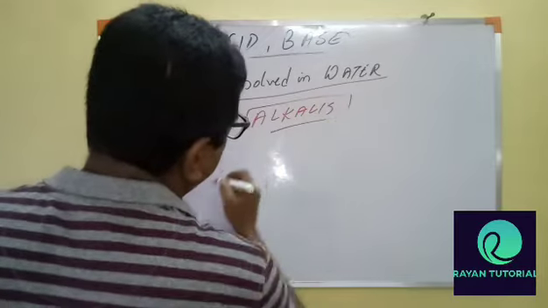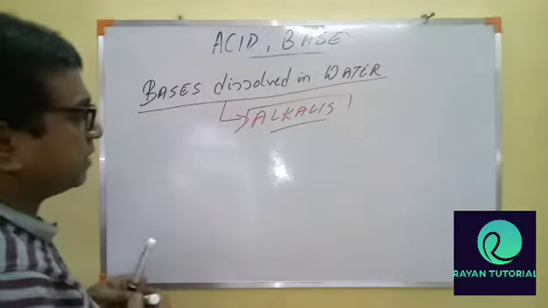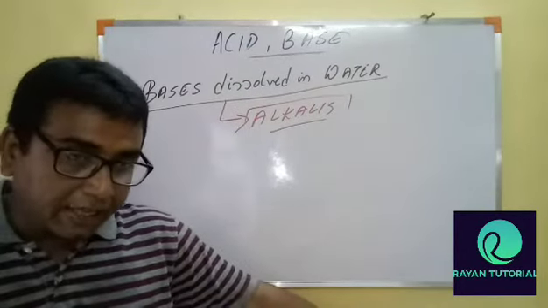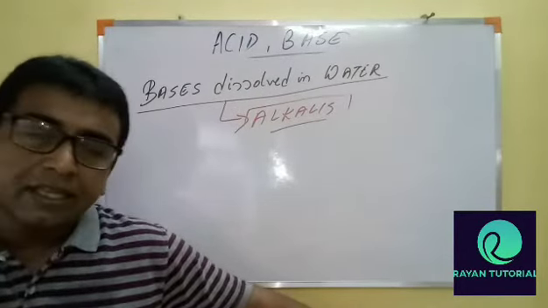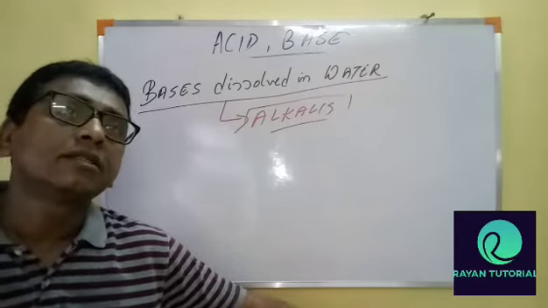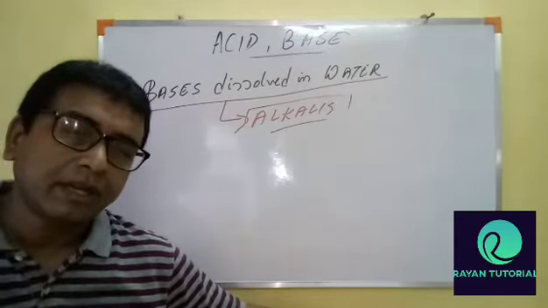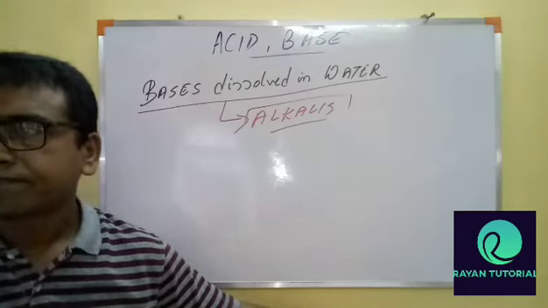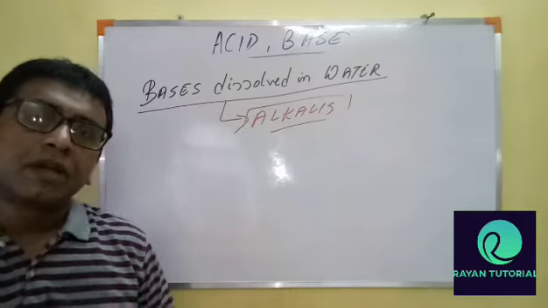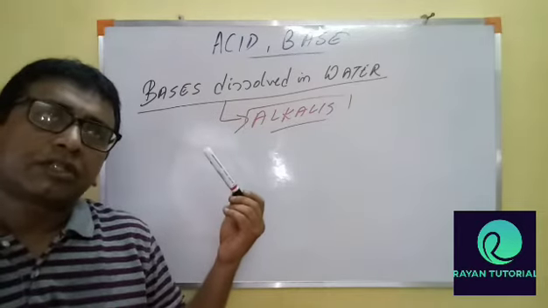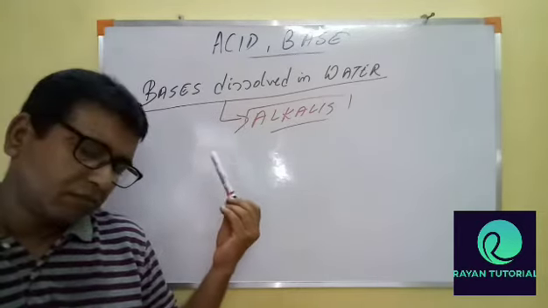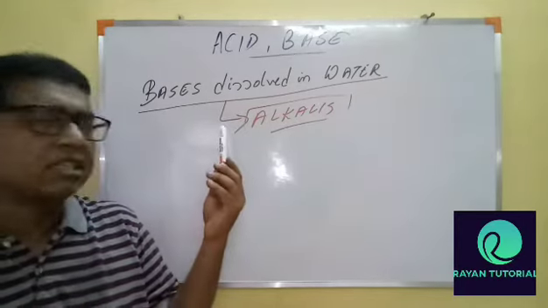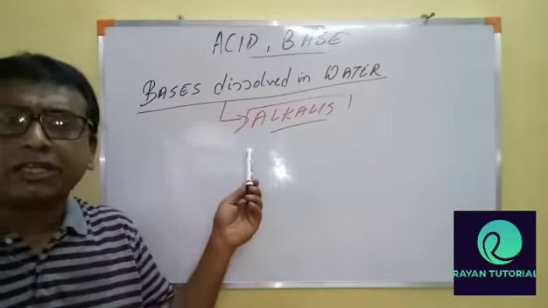There is a very common question in CBSE and also in ICSE: all alkalis are bases, but all bases are not alkalis. Justify the statement. Very simple. I hope you understood.